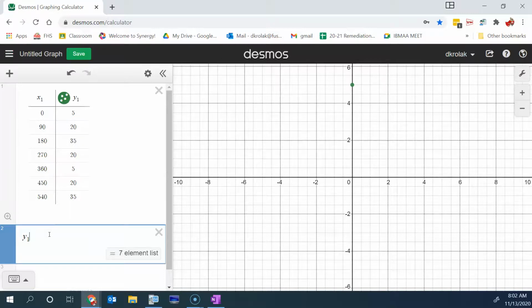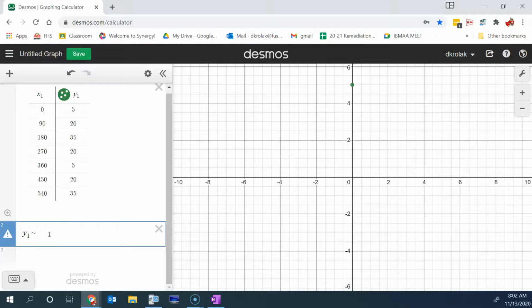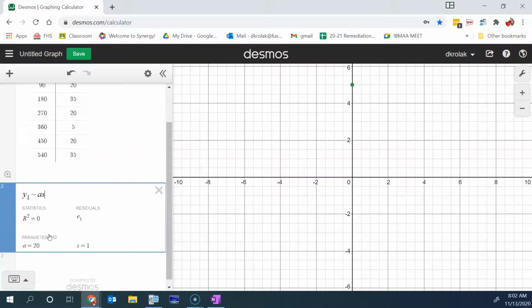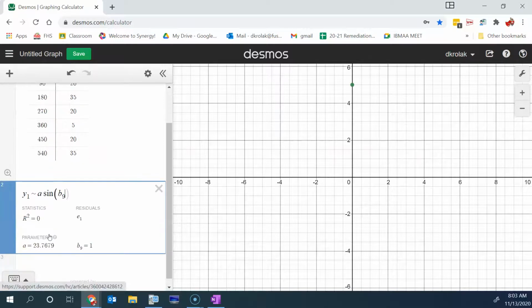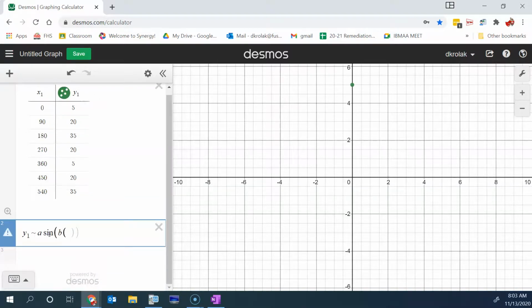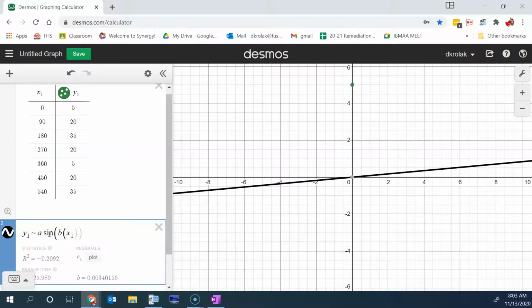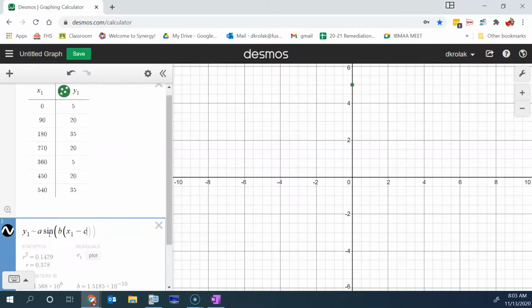So I go shift, squiggle, and then it's A. And then you can just type in the word sine, S-I-N, parentheses, B, parentheses, X1 minus C. Now it tells you got to close it, close 2 parentheses, and then plus D.